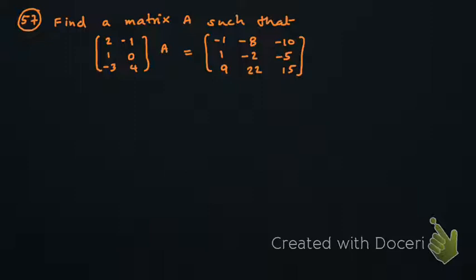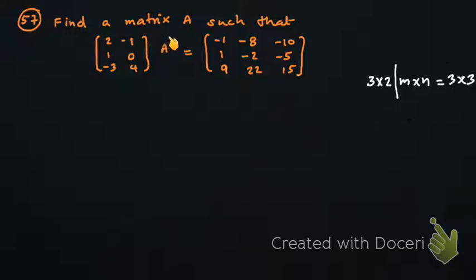But to be able to figure out what matrix A is, the first thing is I should decide upon the order of this matrix A. So I'm going to write the order of the matrix here. When I look at the first matrix, it is a 3 by 2 matrix.